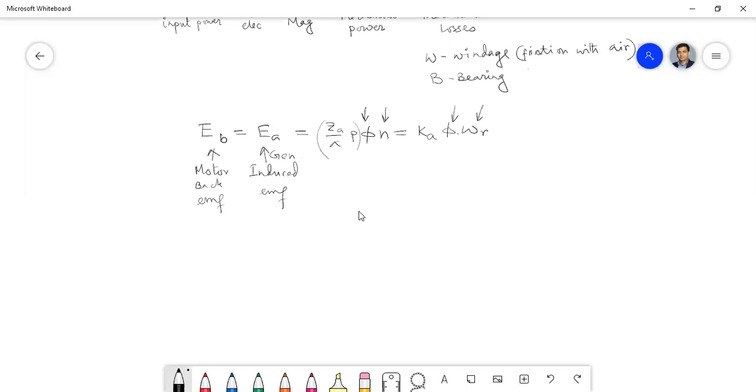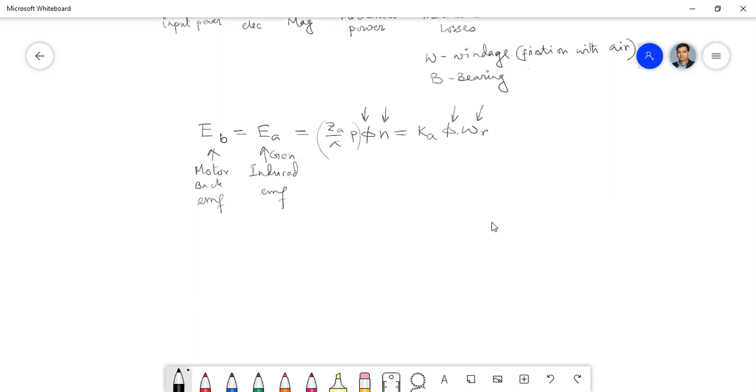Sir, here I have a question. In a motor, we have to supply the current through the armature winding from the supply. When current carrying armature conductors are placed in the magnetic field, the motor starts to rotate, and that's why the back EMF generates.